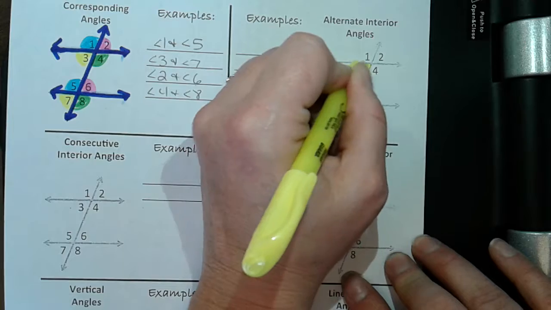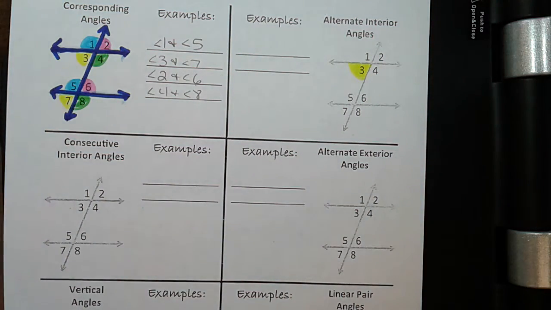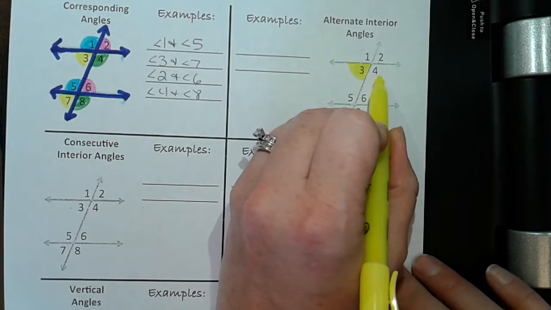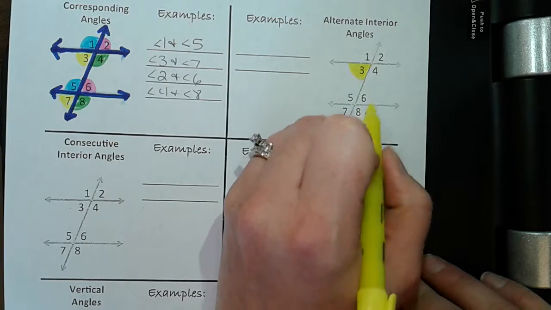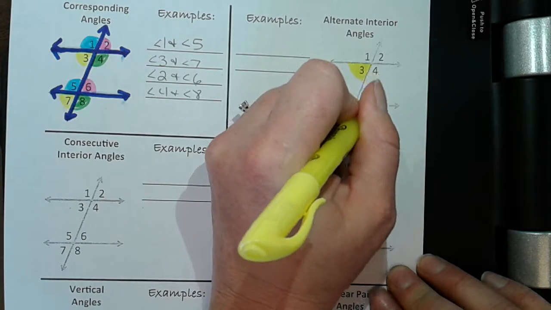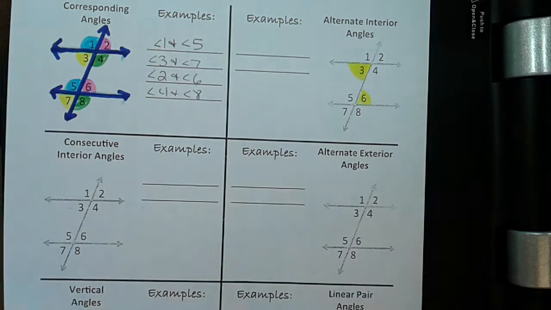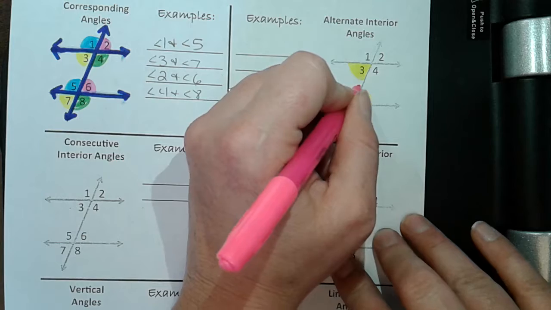So here's 3. If we go with 3, what angle is on the opposite side of the transversal? So we go to the other side of the transversal and still inside of these. Well, it's this one right here. Alternate interior angles are on opposite sides of the transversal, but still inside the parallel lines.